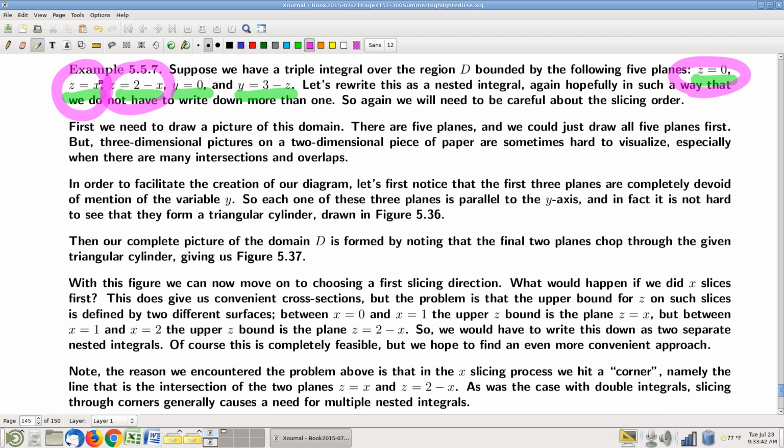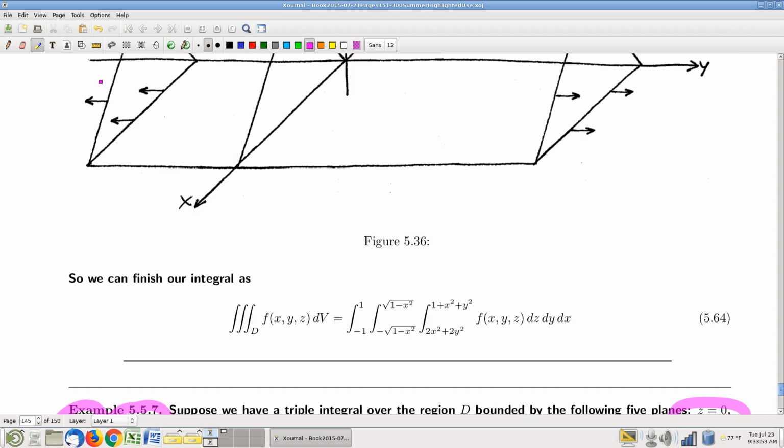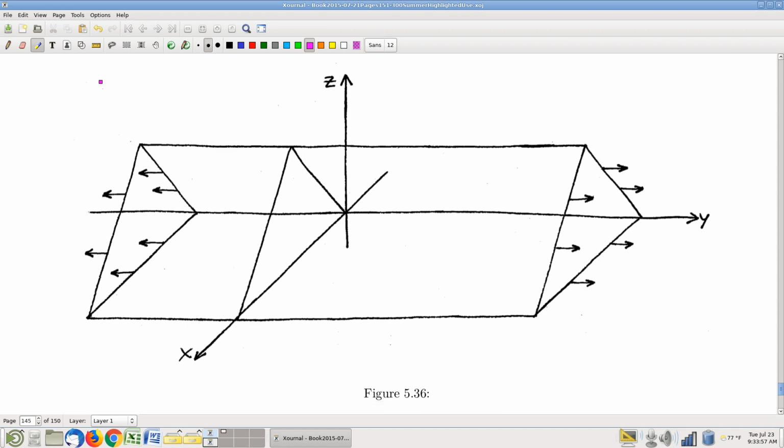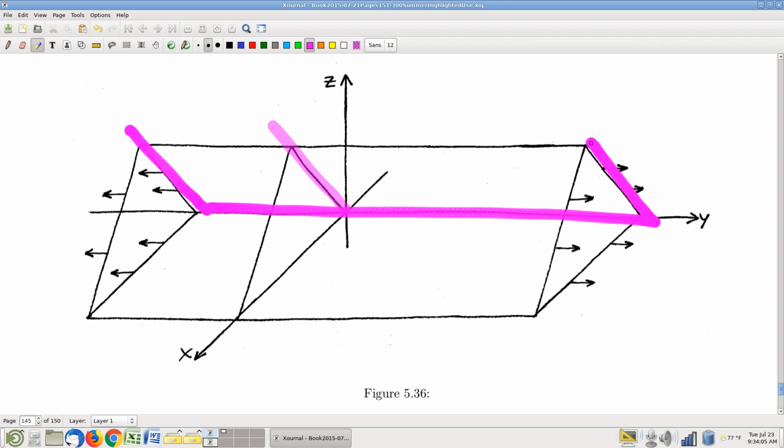And that makes them, I'm going to say, easy to draw. In particular, it's easy to draw them in relation to each other. I'm going to draw all 3 of these planes here. Look, these planes are parallel to the y-axis. Z equals x looks like that in the xz plane. Then the plane z equals x is just that dragged parallel to the y-axis.